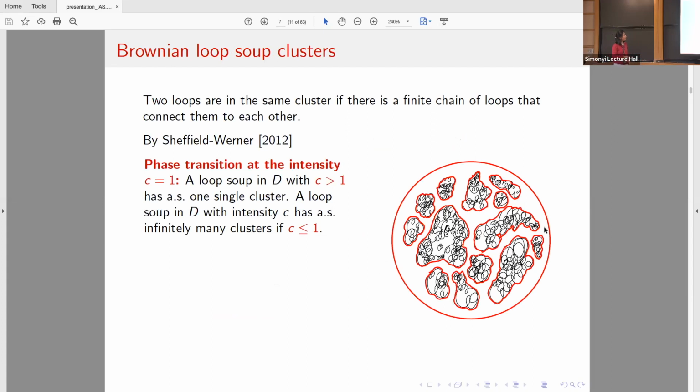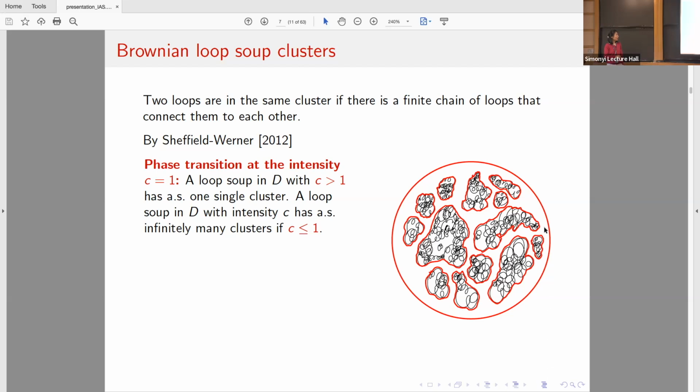Once we have the Brownian loop soup, there is a notion of clusters, which are defined to be the connected components formed by the Brownian loop soup. Two loops are said to be in the same cluster if there is a finite chain of loops that connect them to each other. It was shown by Sheffield and Werner that there is a phase transition at the critical intensity C equal to 1.